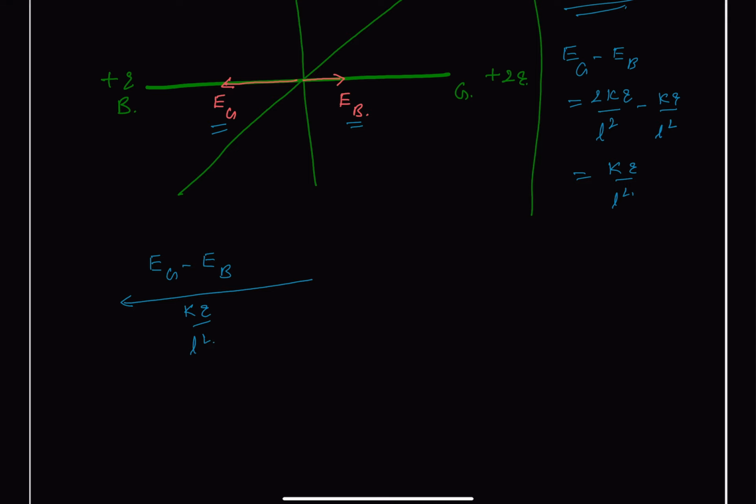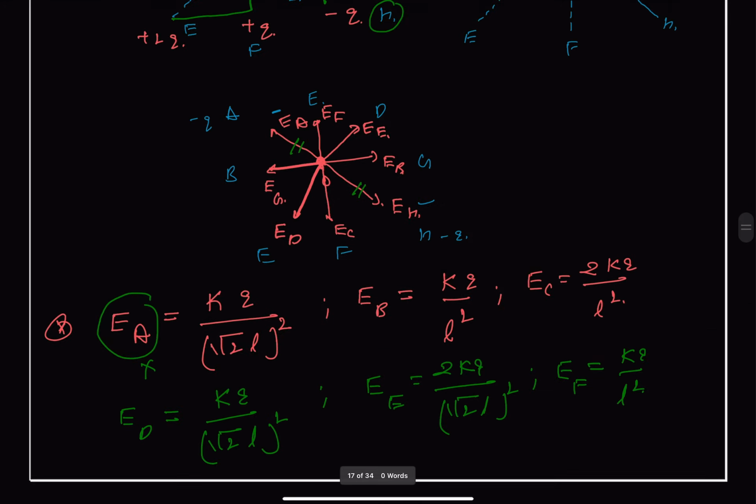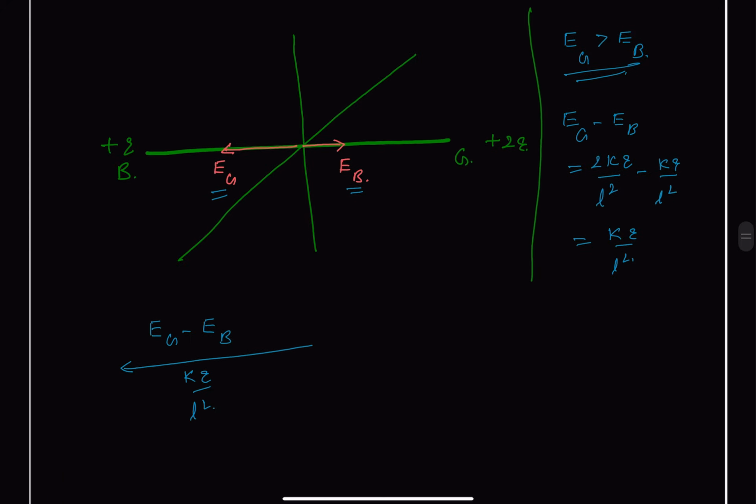Next is our point E and D. So this is point E and this is point D. E is having plus 2q and D is having plus q.